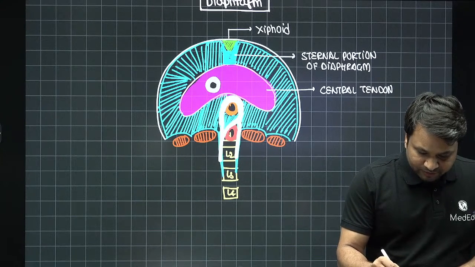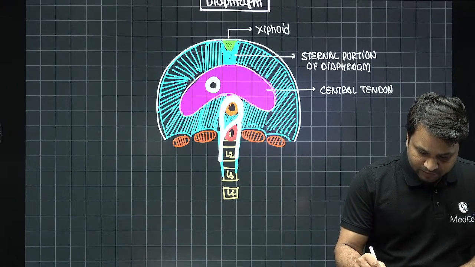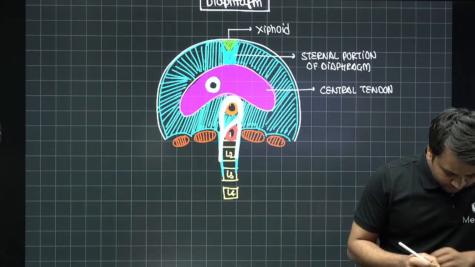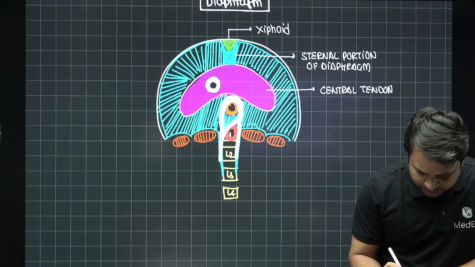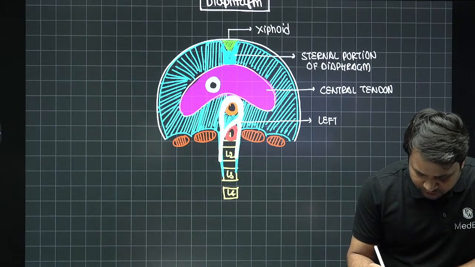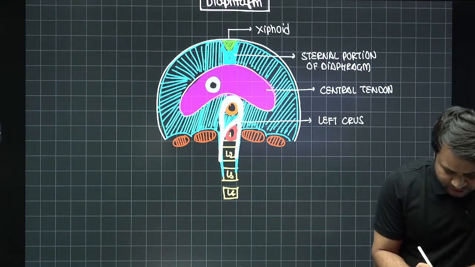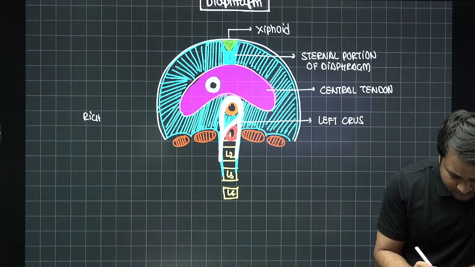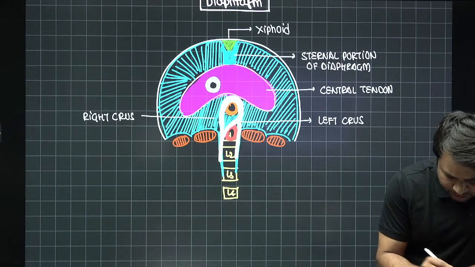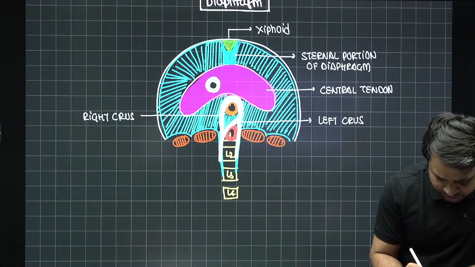Okay, so we have the central tendon that we have just marked. Along with the central tendon, we have the left crus and the right crus. This happens to be the left crus. This happens to be the right crus.